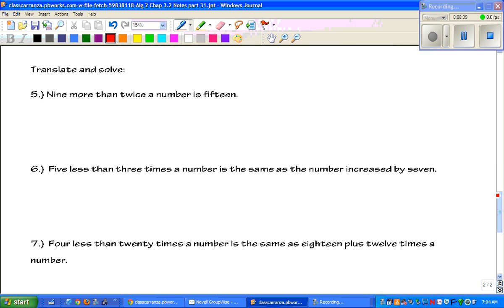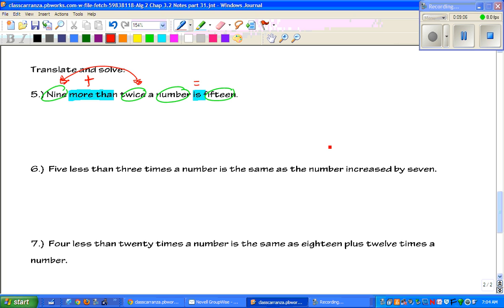It says 9 more than twice a number is 15. So I'm just going to go through, I'm going to circle my numbers that I see. I'm going to highlight some keywords. So more than means to add, but it also means that we have to switch the order.